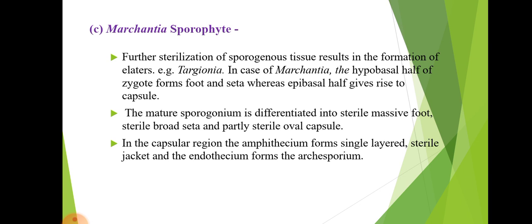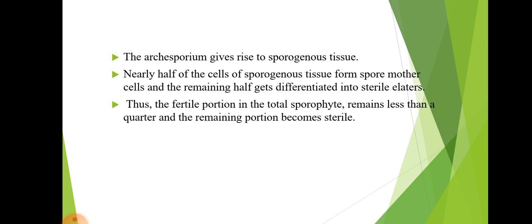The mature sporogonium is differentiated into a sterile massive foot, a sterile broad seta, and a partly sterile oval capsule. In the capsular region, the amphithecium forms a single layered sterile jacket and the endothecium forms the archesporium.